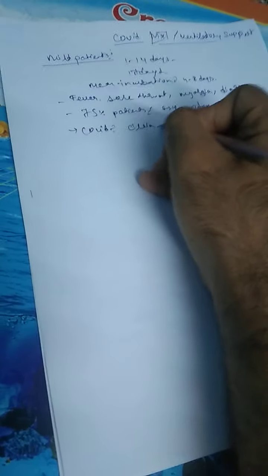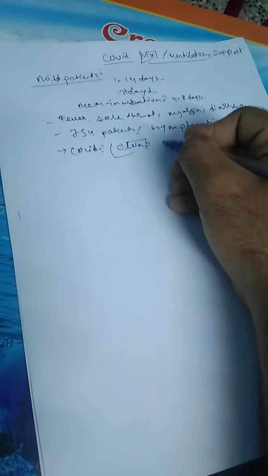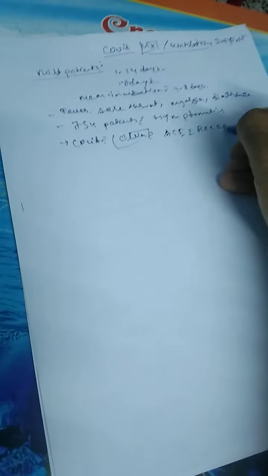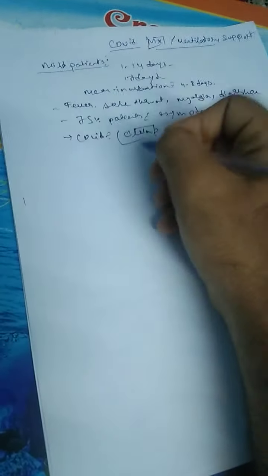Looking deeper into it, what happens? The COVID virus actually loves cilia. Wherever there is cilia, it comes, and in the cilia there are ACE2 receptors where the virus attaches. The virus attaches and goes inside the cell.